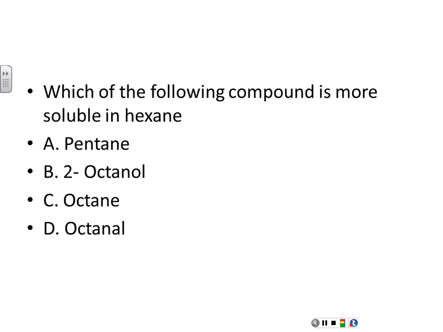If you are dissolving in a solvent, this force should match with the force of the molecule. If it is a similar force, then they like each other. So which one has a similar force? These two, correct? So you're looking for the same intermolecular force. For solubility, remember, same intermolecular force.